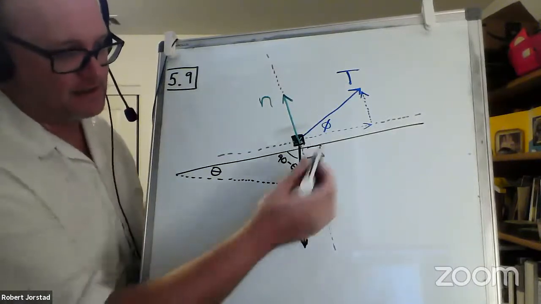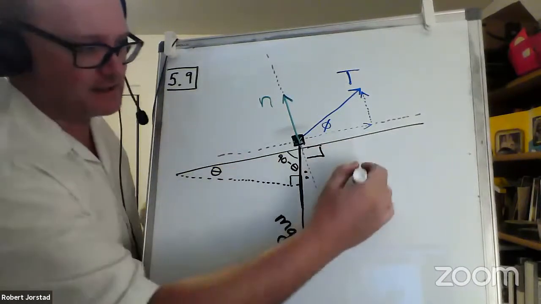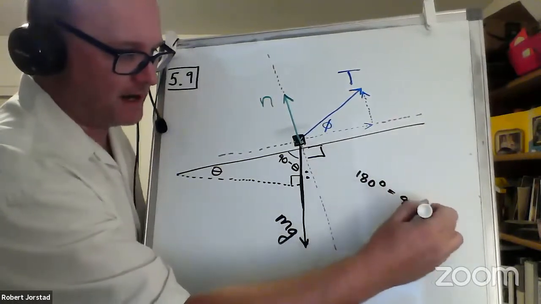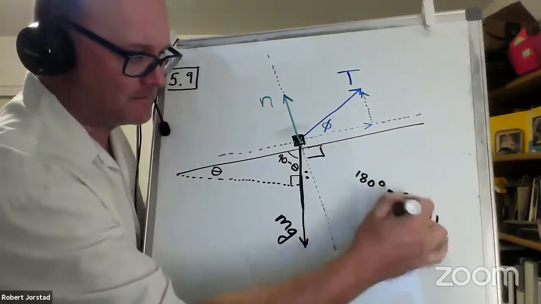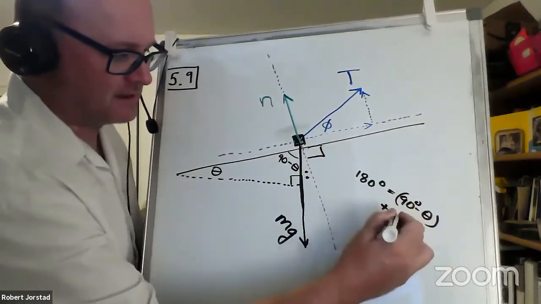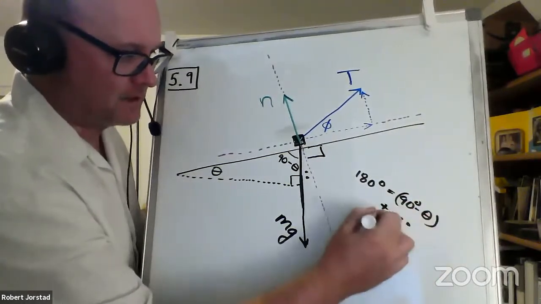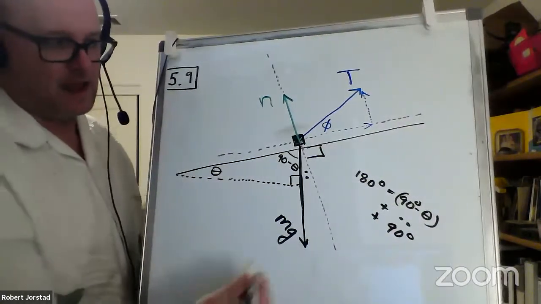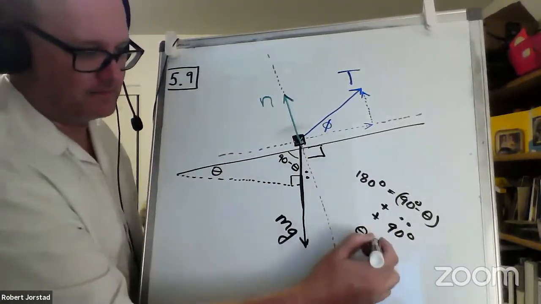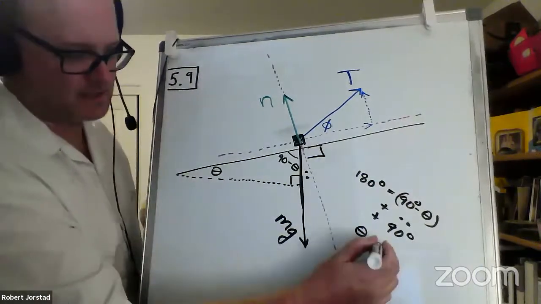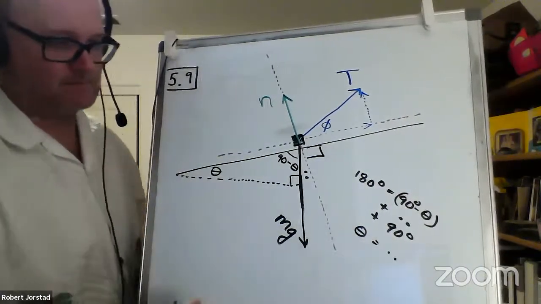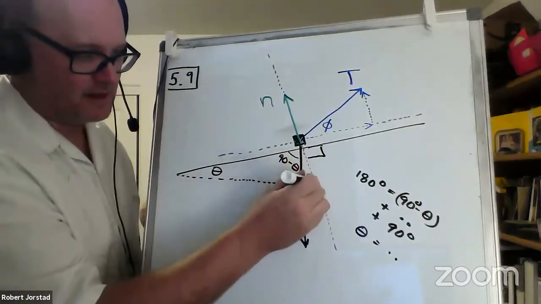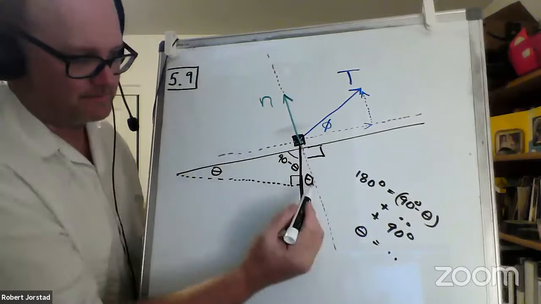But look at this. The sum of all of these angles is 180 degrees. That should equal 90 minus theta plus double dot plus 90 degrees, right? And when you work all that out, you get theta equals double dot, right? So this angle in here is also theta. Or think about it like this.